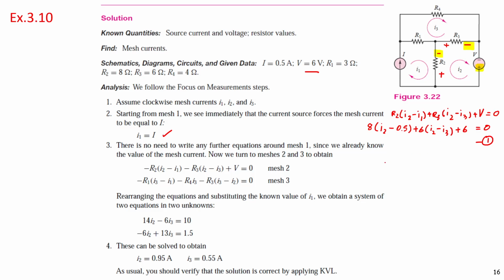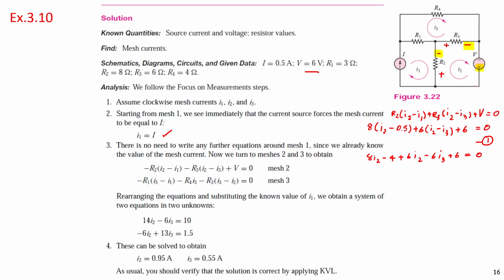Okay, maybe we try step by step. 8 I2 minus 4 plus 6 I2 minus 6 I3 plus 6 equals 0.